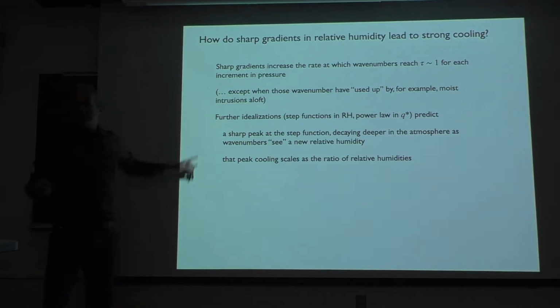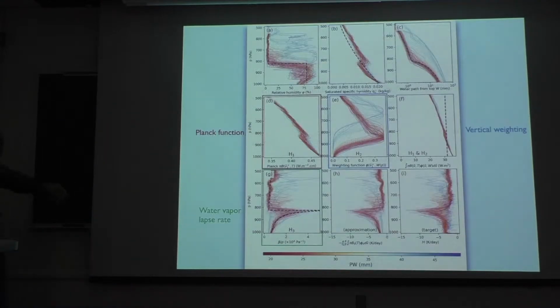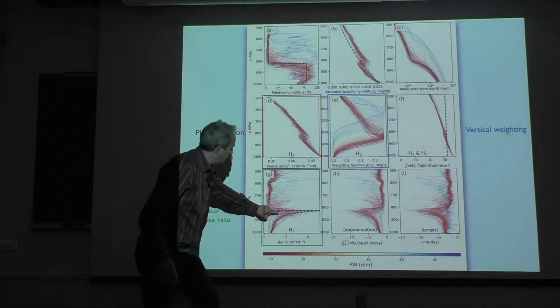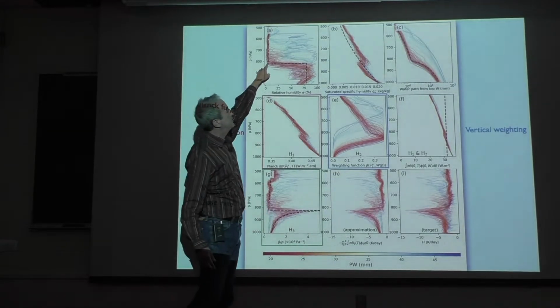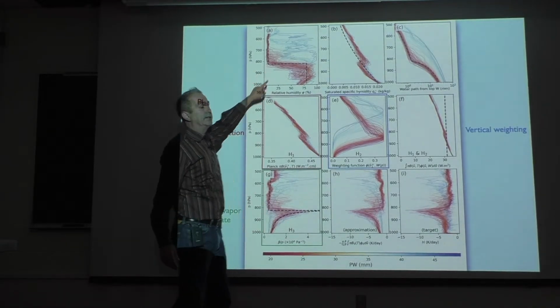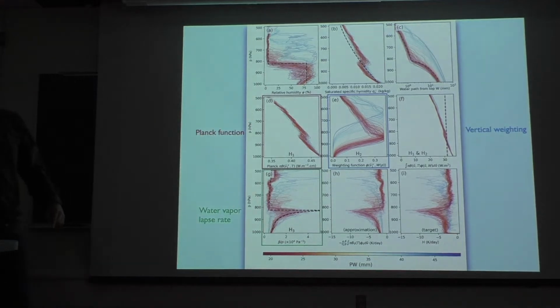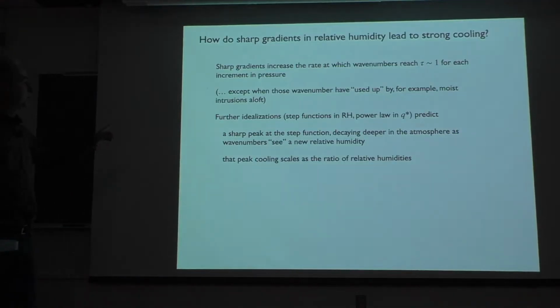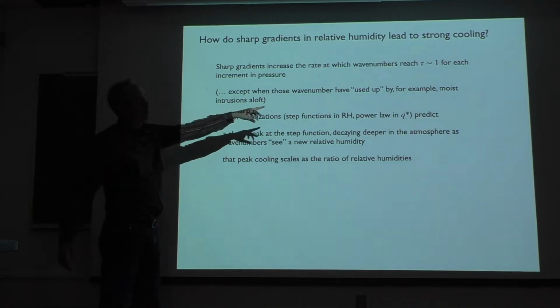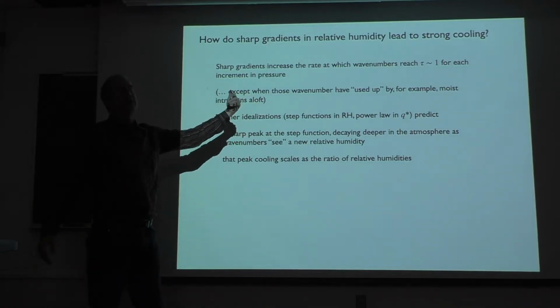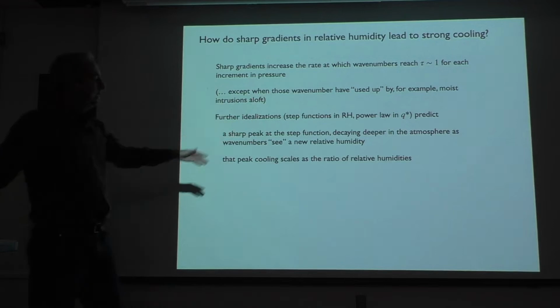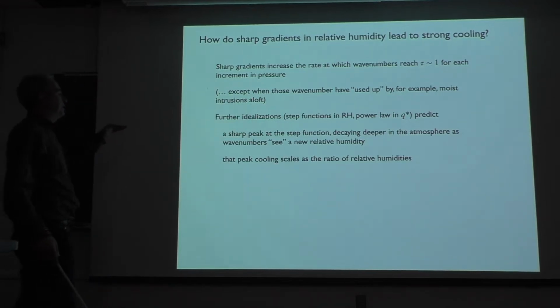The idealization that we used here, this black thing, is when we introduce a step function in relative humidity, and then a power law approximation to Clausius-Clapeyron, let's say. And that tells you two things.